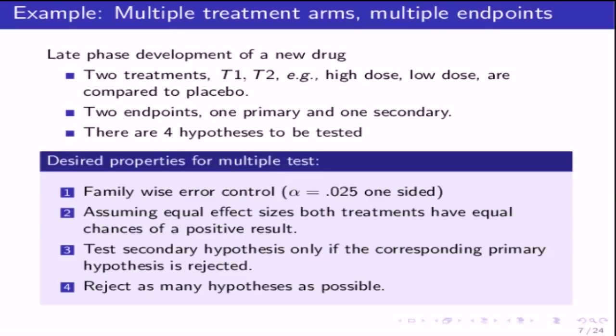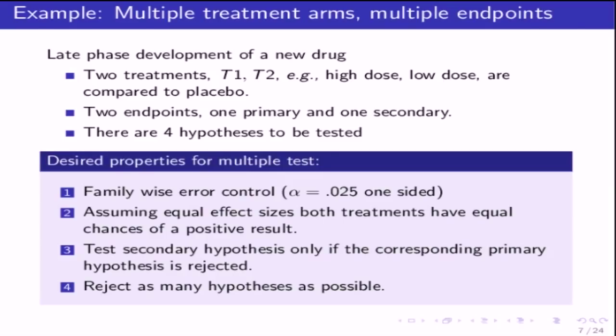And we would like to test a secondary hypothesis for a specific dose only if the corresponding primary hypothesis is rejected. And last but not least, we would like to reject as many hypotheses as possible.